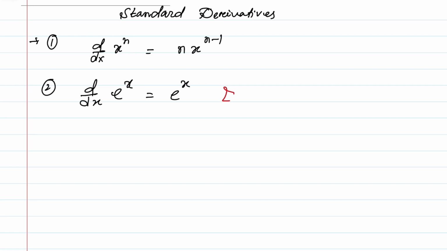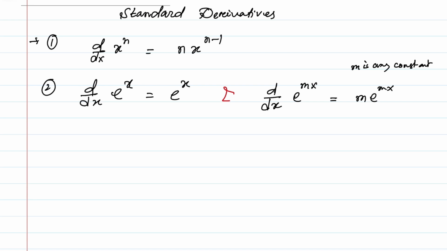And also you have to remember, if you have ddx of e to the power, instead of only x, suppose mx, where m is any constant, then its result will be m e to the power mx again. Okay, where m is any constant.